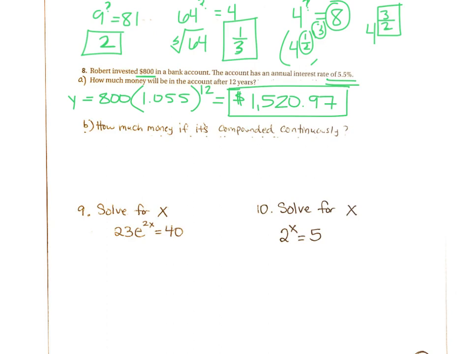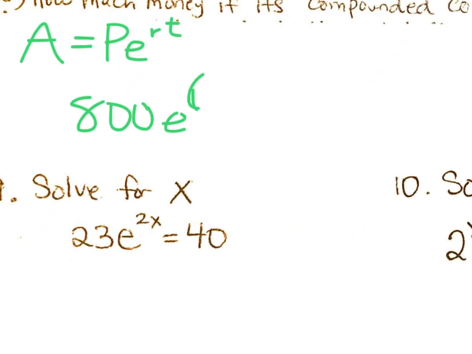Okay? How much money if it's compounded continuously? This is PERT. Remember PERT? P times e to the r t. So our principal, our original amount, is 800 times e to the, our rate is 0.055.